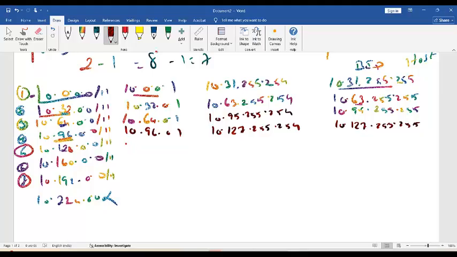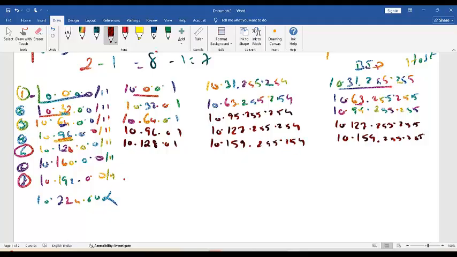What is the first IP here? Diva? 10.128.0.1, sir. Broadcast? 10.159.255.255. Great. And the last usable is 10.159.255.254.